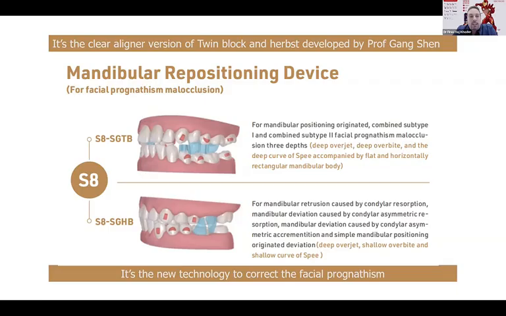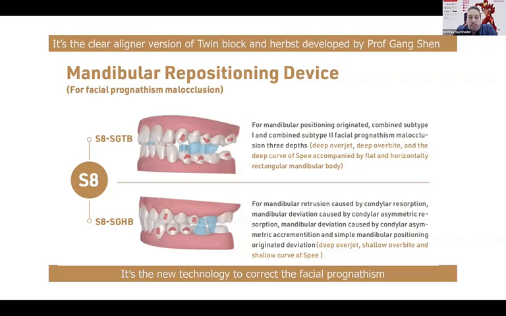The sagittal guided twin block is for mandibular positioning originated combined subtype 1 and combined subtype 2 facial prognathism malocclusions, which have something we call the three deeps: the deep overjet, the deep overbite, and the deep curve of Spee, combined with a flat and horizontal rectangular mandibular body.